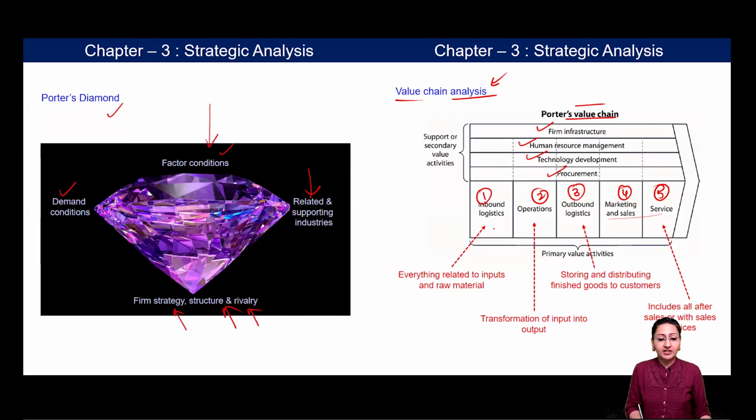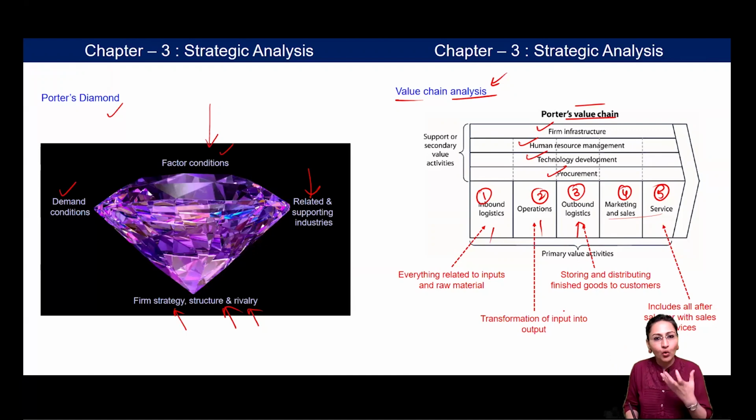Okay. Now, logistics relates to raw material purchase. Operations relate to converting your input into output. These are your operations with which you convert your input into output. Then outbound activities. Once the production is done, now your stuff moves from the factory, and here the outbound logistics start.